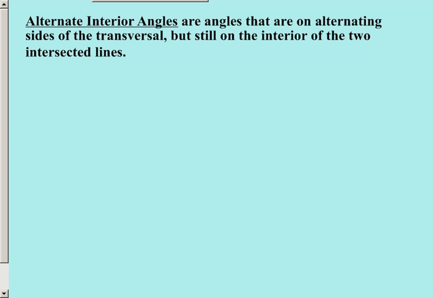Now, interior means inside space. Okay, so we're looking for two angles that are going to be one on one side of the transversal, the other on the other side, but the two lines that the transversal intersects, our two angles, are going to be on the space that is in between them.